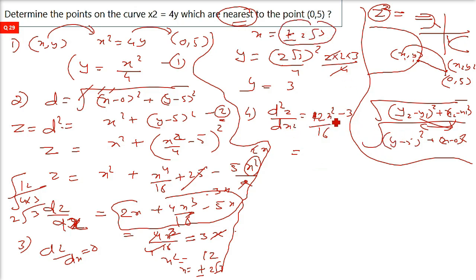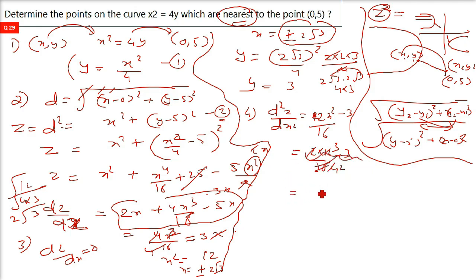So this is d2z by dx square, and when you place this x square as 2 root 3, you can just keep this value and find out the value. But again, you know what I'm going to tell. Don't worry about the value, worry about the sign, because the sign tells you whether it is nearest or the farthest. So I'll just write the value.